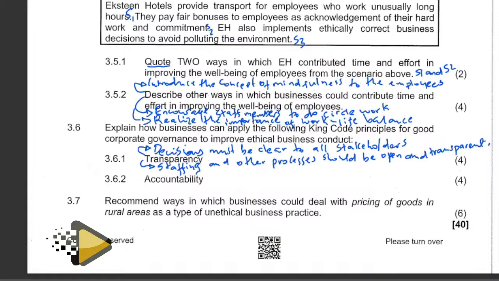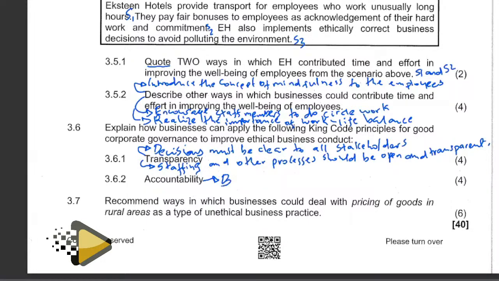Okay, right. So now coming on to accountability, you said that businesses should be responsible for their actions. And also, there must be regular communication between management and stakeholders.